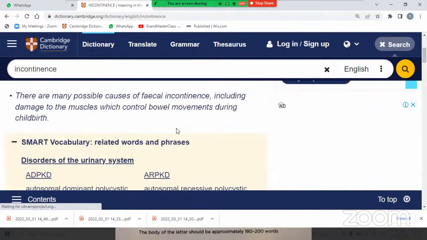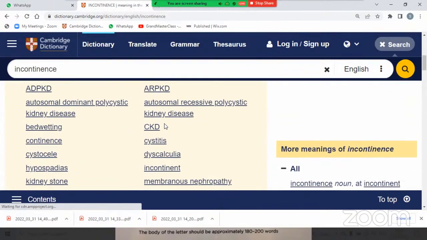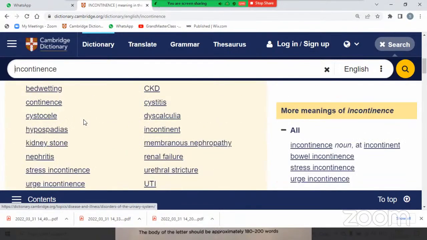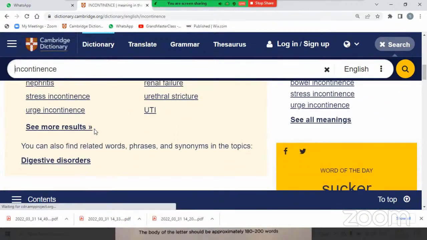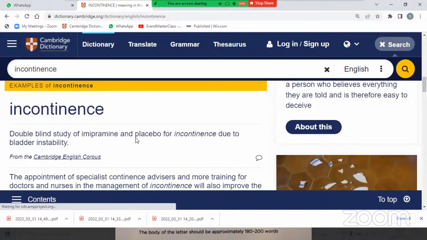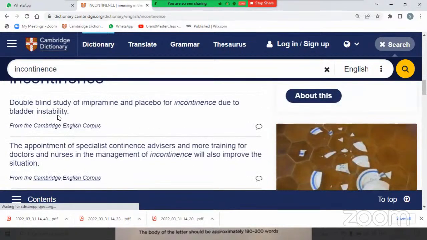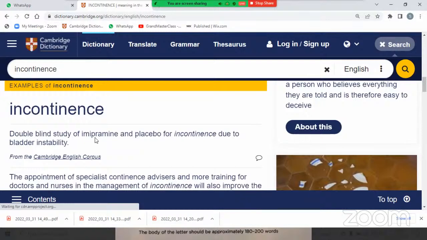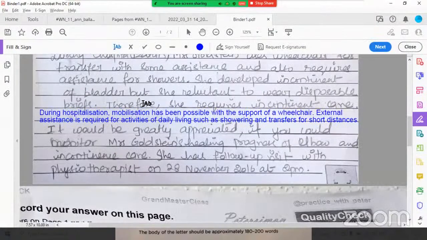So, incontinence of bowels, bladder. Incontinence due to bladder instability. Incontinence is because of bladder instability. Then why do you want to write bladder instability? No need. Incontinence is because of bladder only. Okay, so no need to write that one.